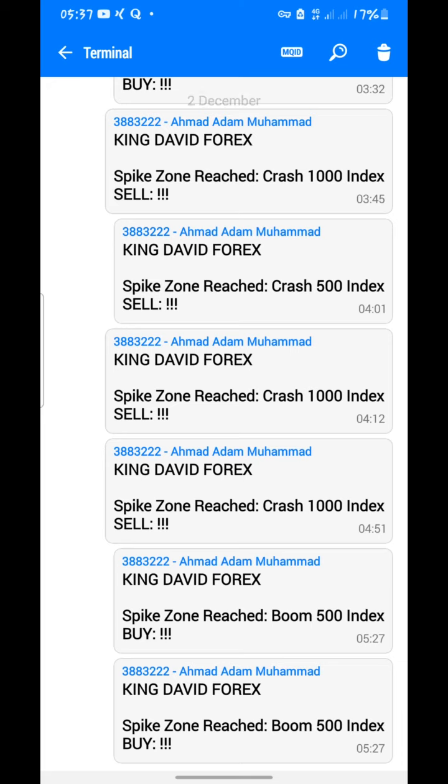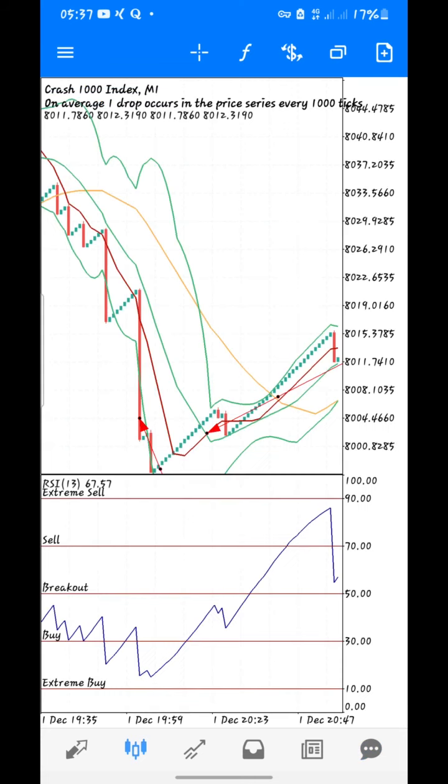Example here, it says Crash 1000 Index sell spike zone reached. So it gives you signals to place your trade, or it tells you when any of the crash indices is in the spike zone, or the boom indices is in the spike zone, so for you to place your trade and catch spikes.